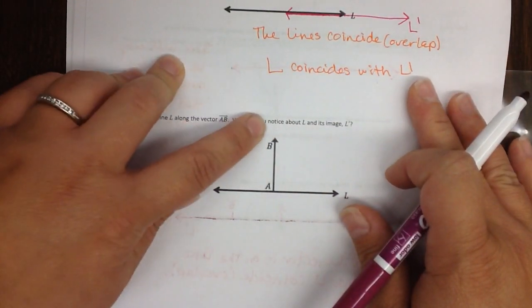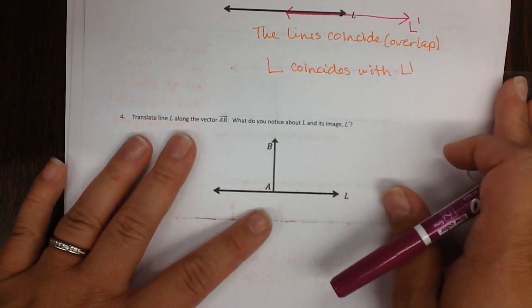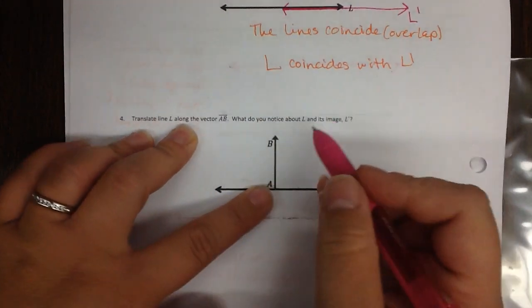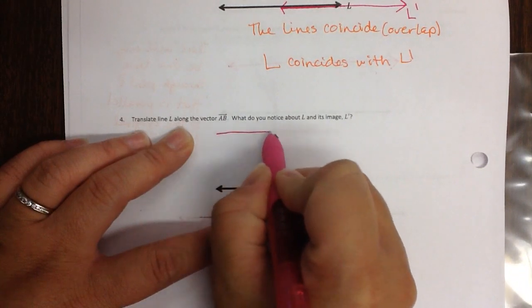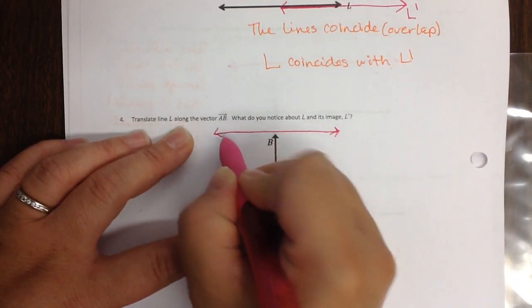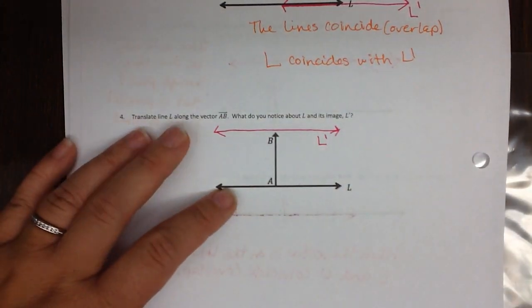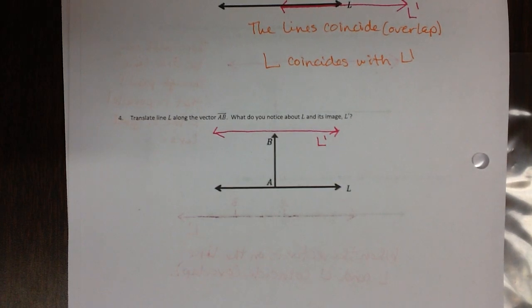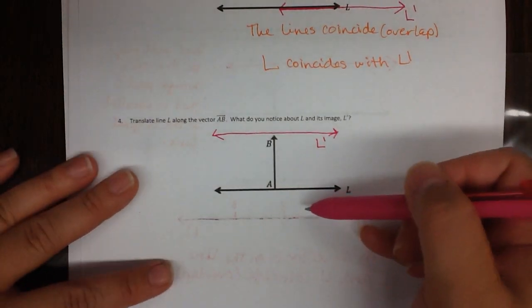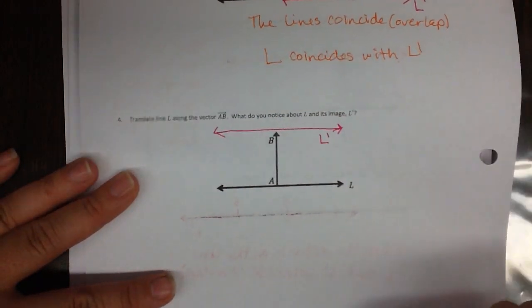If you can see, my line is right there, my other line is there. So I'm going to just trace this line. I'm going to put my arrows at the end. This was L, so this becomes L prime. And what do we notice about this? We notice that when we shift them up or down, L and L prime become parallel.